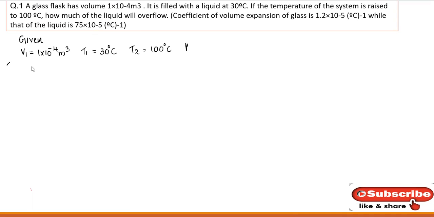The coefficient of volume expansion of glass is given, let it be gamma 1, 1.2 × 10^-5 per degree Celsius. And gamma 2 is given, that is 75 × 10^-5.